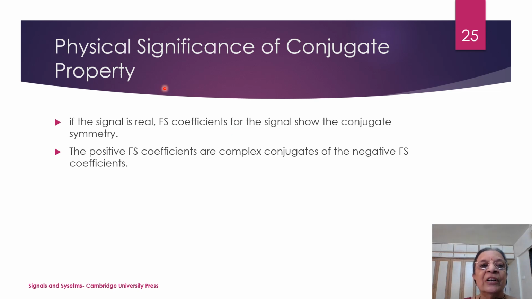Now, the physical significance of the conjugate property: if the signal is real, the Fourier series coefficients show the conjugate property. The positive Fourier series coefficients are complex conjugates of the negative Fourier series coefficients. So this complex conjugate property we already know.